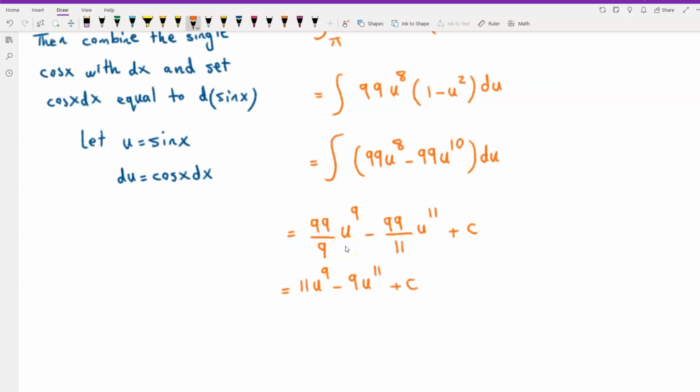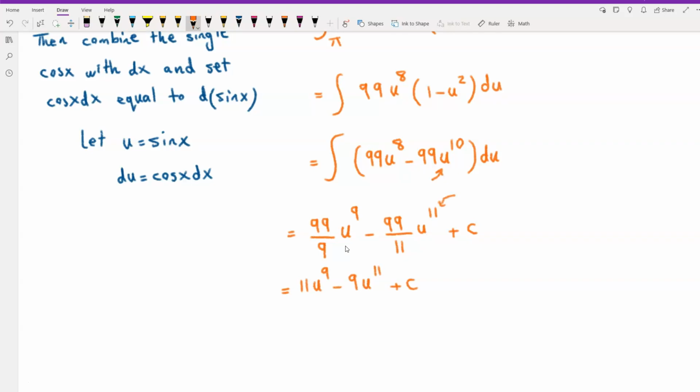And then that is equal to, so here integrate u to the 8th power, we have 8 plus 1, so our power is 9, and then divide by 9. So we have 99 divided by 9, multiplied by u to the 9th power, minus, now second term, here on this part we have u to the 10th power, so 10 plus 1 is 11, and then divide by the same number.